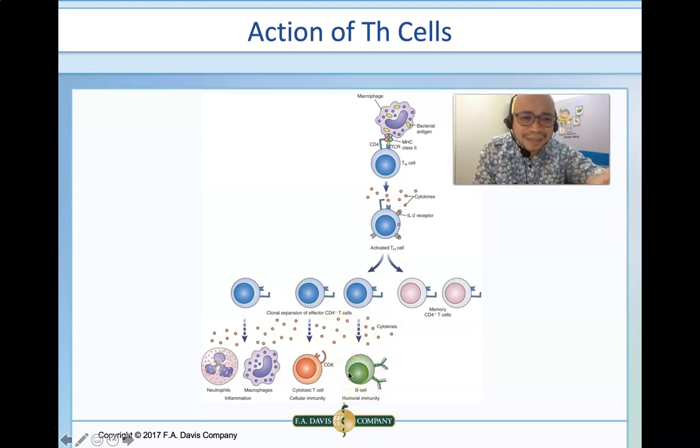Sorry, I got confused a while ago. The cytokines from the T helper cell will allow B cells to mature so that B cell will now produce antibodies that are specific to this particular bacterial antigen. And then cytotoxic T cell is important also because the cytotoxic T cells will destroy target cells. Okay, macrophages and neutrophils will further be involved in inflammation.